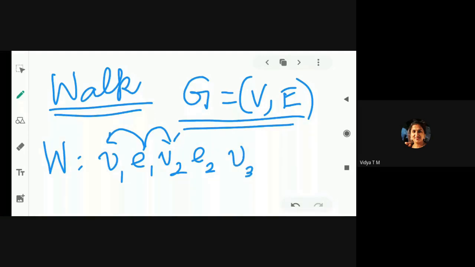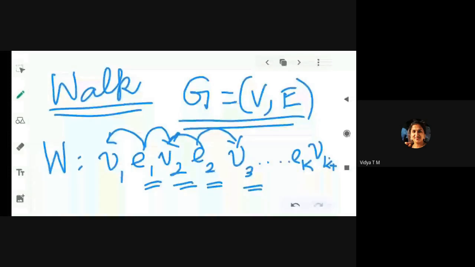For that, this has one end vertex as V2 and another end vertex as V3, and it goes like that. Suppose the last but one edge is some Ek, it stops at Vk plus 1, because for E2 it is V1, V2, for E3 it is V2, V3, like that.